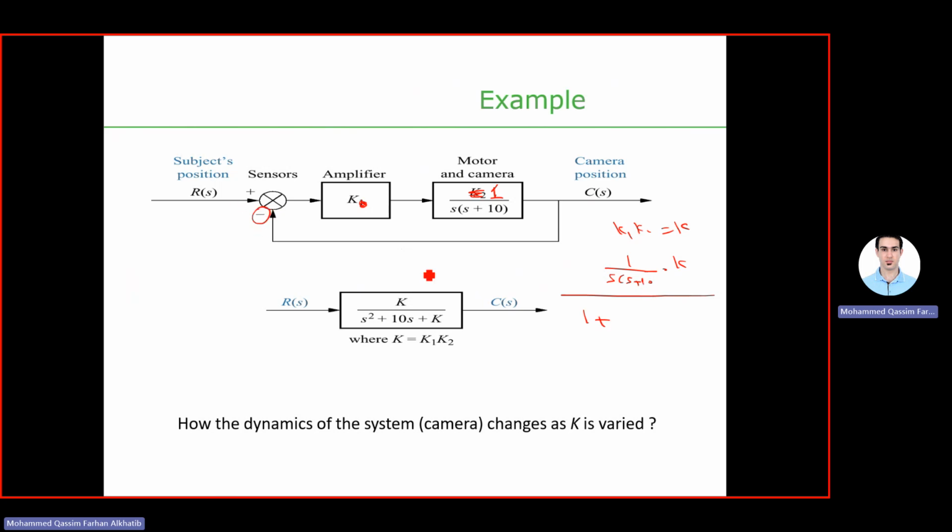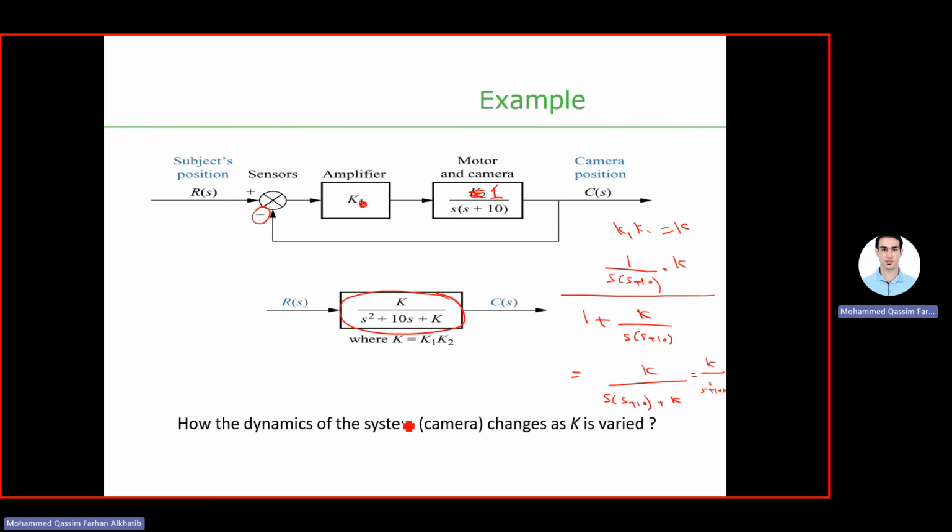Again, remember when you have a negative sign, so that's a plus K over S plus 10. So the simplification will become K over S plus 10 plus K, or simply K over S squared plus 10S plus K, which is the same exact expression here. So just to simplify from the beginning, K1 and K2 are a constant K.